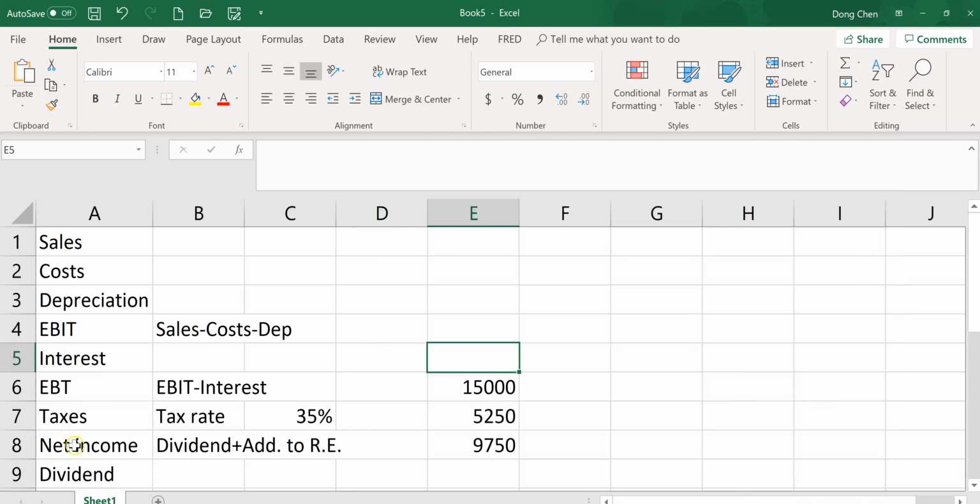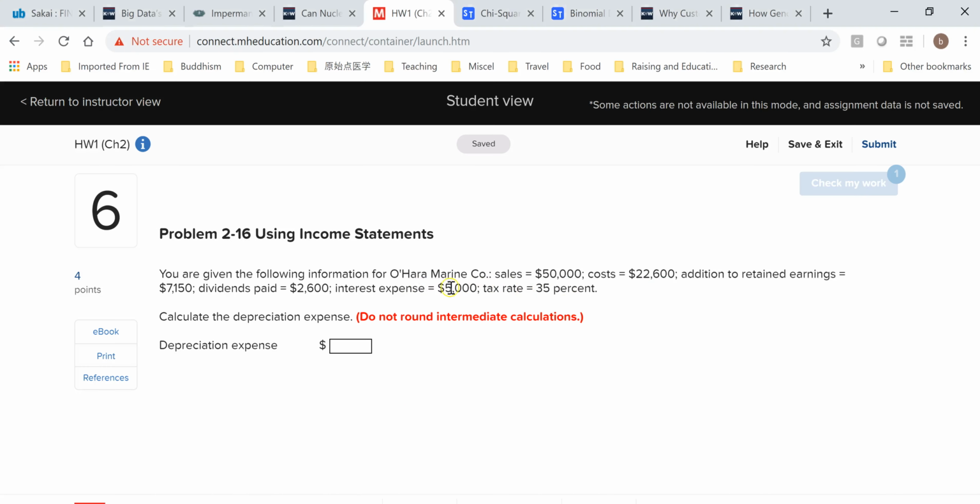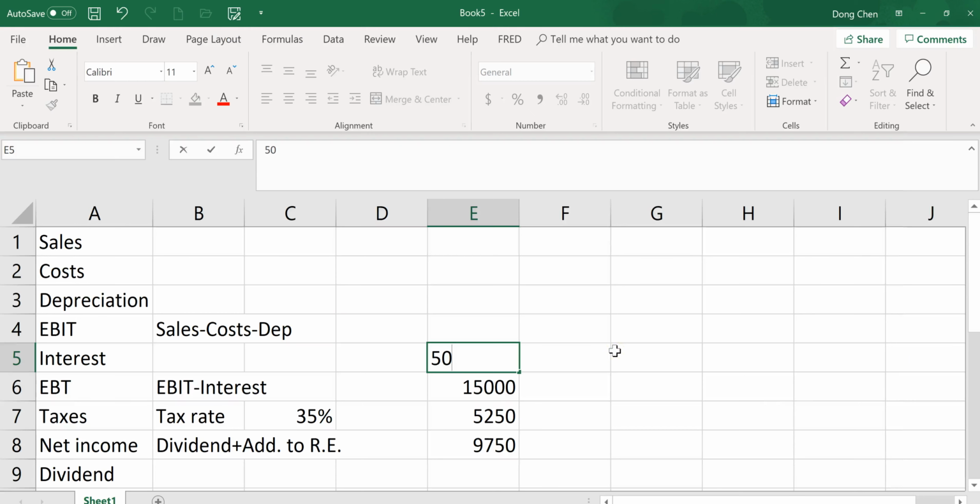We started from net income, and we got EBT, and then we go back for the interest. So interest is 5,000, that's given. From interest, we can also back up the EBIT, because EBIT minus interest is EBT, hence EBIT is interest plus EBT.